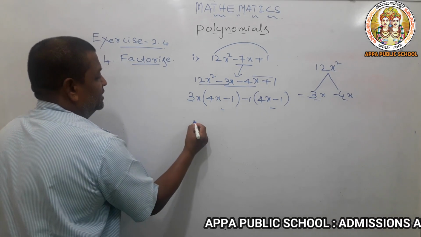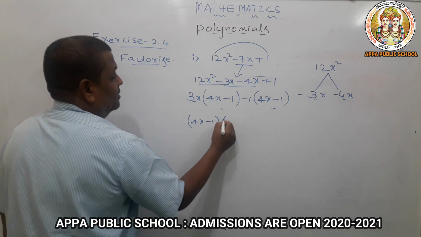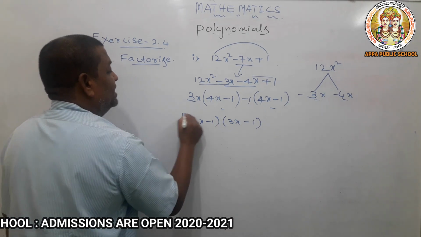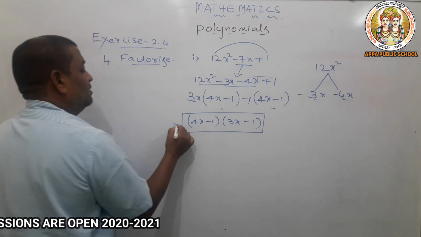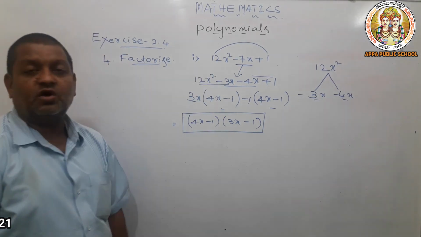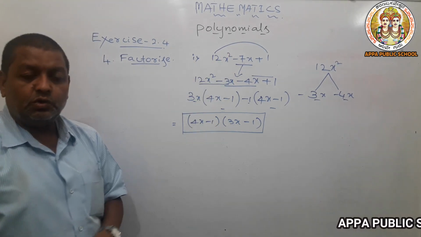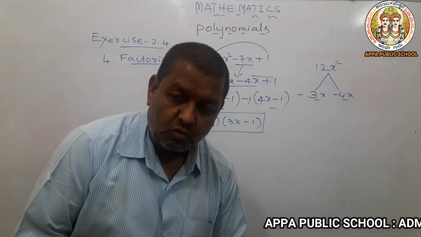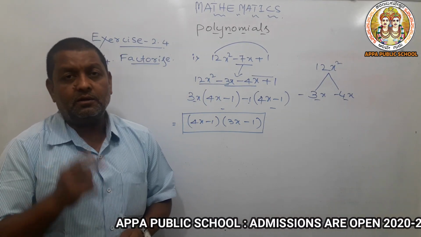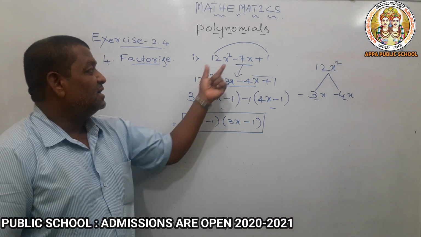What is left? 3x and minus 1. So finally, these are the factors of this trinomial. Degree is 2, which means it is a quadratic expression, and because of degree 2, there are also 2 factors. So this is the way to factorize a trinomial.